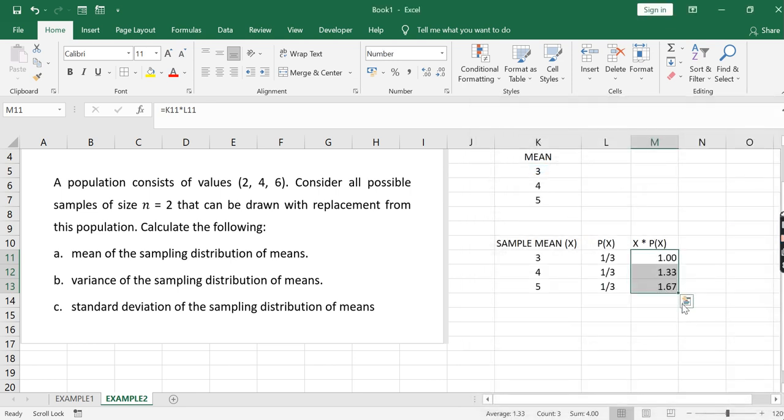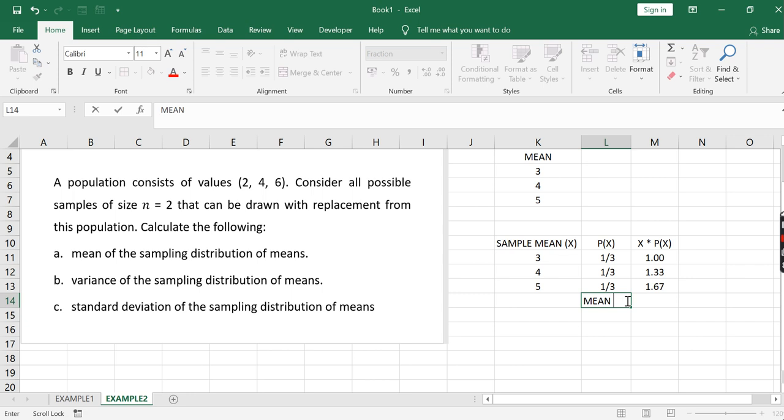Let's use two decimal places. Again, to get the mean, all you have to do is get the sum of this column. You might be forgetting this already. You can't forget it, because our lessons are connected to each other.